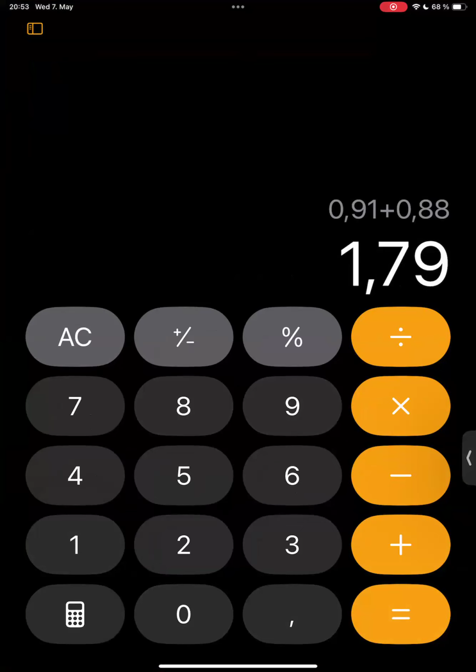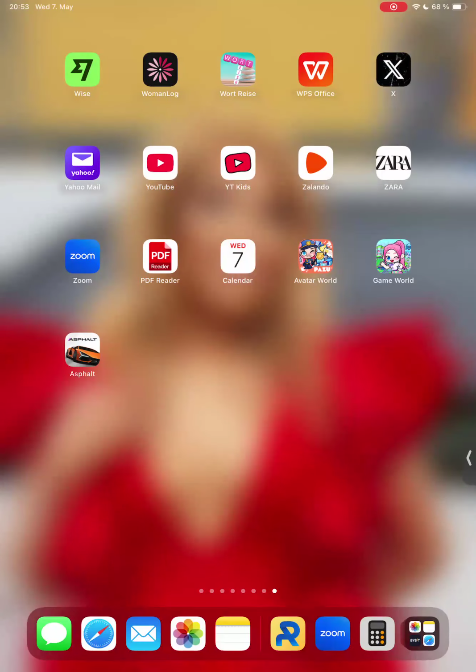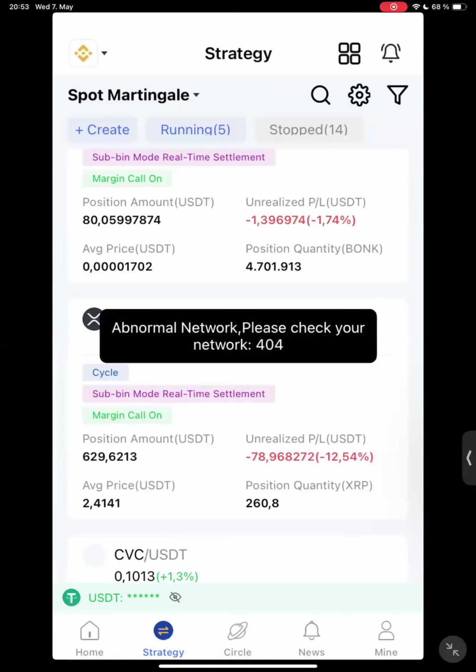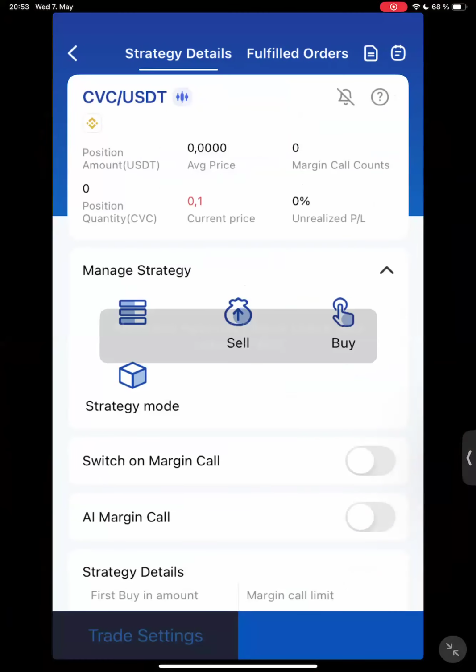Today, XRP did not really sell that much for me, but I think CVC sold for me a lot. Let's look at CVC. Then I go to the transaction record of CVC.